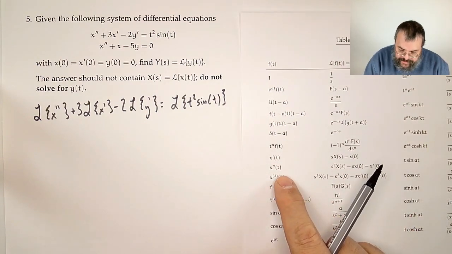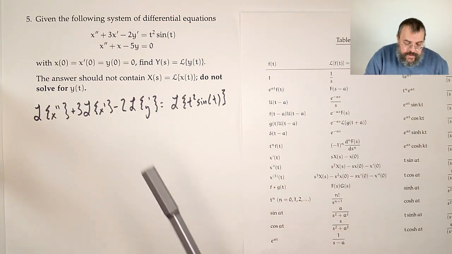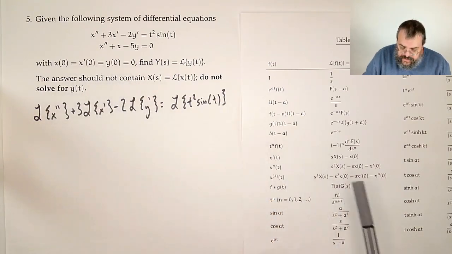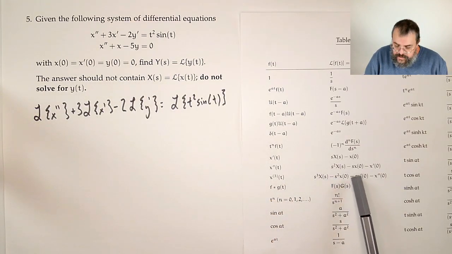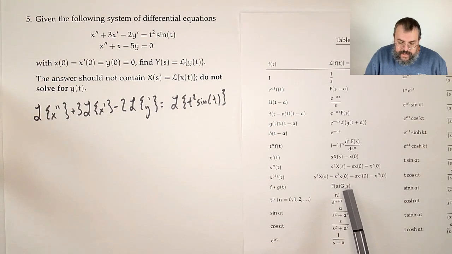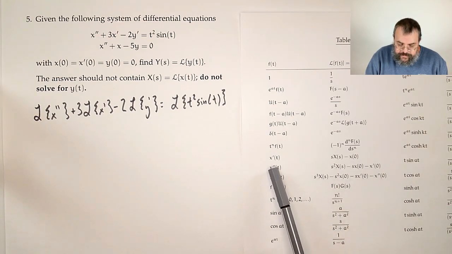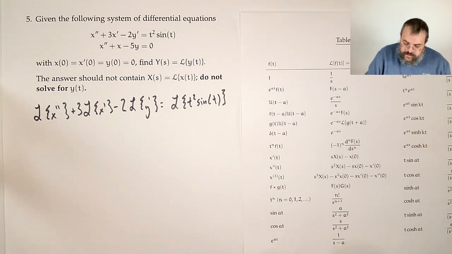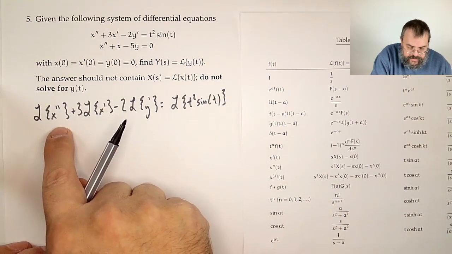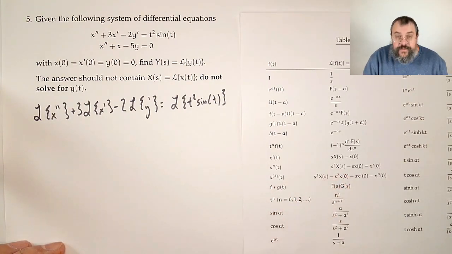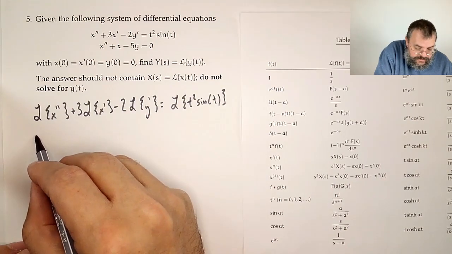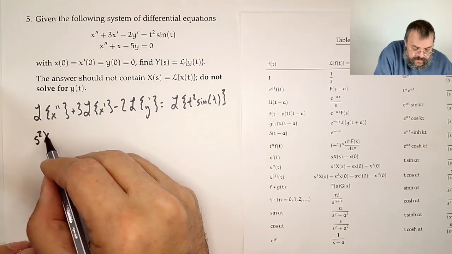We've had our table waiting for us to pull out. We know how to handle x double prime. That's on our table, and because our initial conditions are all 0, it'll make it really easy. So the x of 0, x prime of 0 goes away. Similarly, when we do x prime, that goes away. So the Laplace transform of x double prime is s squared X of s. So we have s squared X of s.